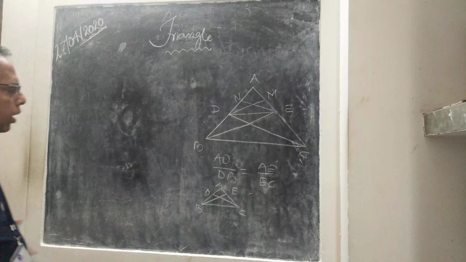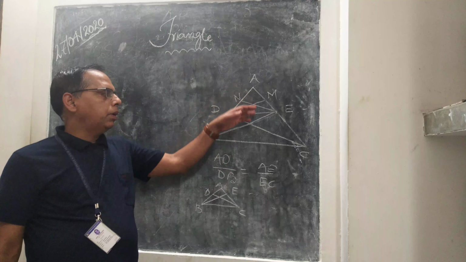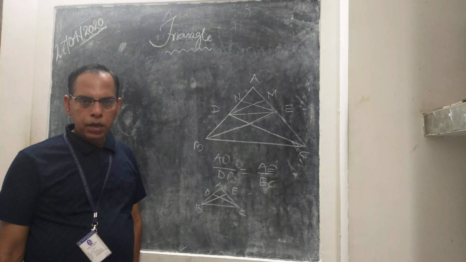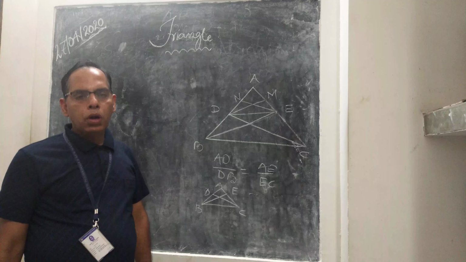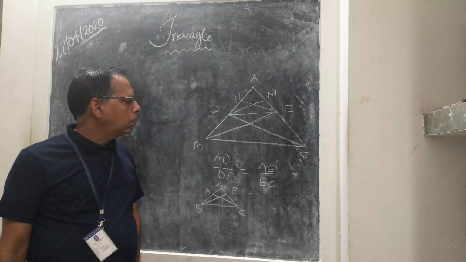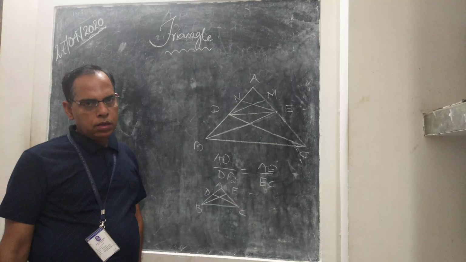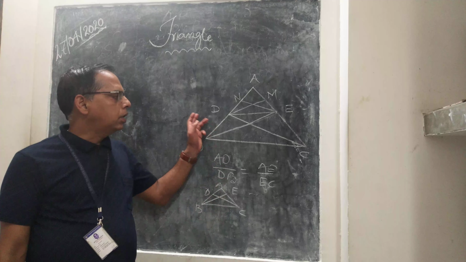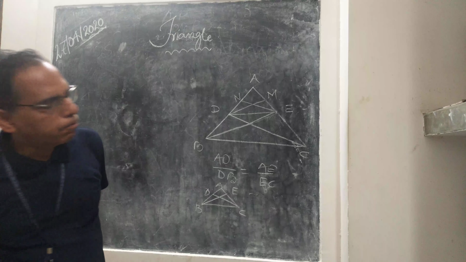Okay. Now here, first of all, let ABC be a triangle. D and E are two points on AB and AC in such a way that DE is parallel to BC.